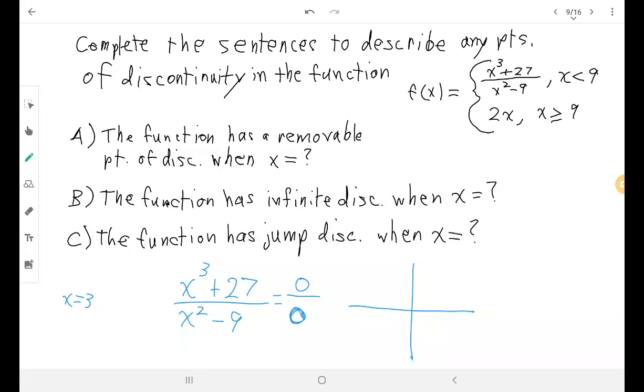So there's something really weird going on. Or no, not 0, I'm sorry. Not 0 over 0. It's going to be 27 plus 27, 54 over 0, 9 minus 9. And when we have just a denominator of 0, that tells us that we are going to have an asymptote, a vertical asymptote.